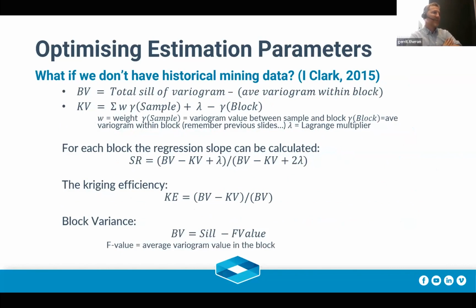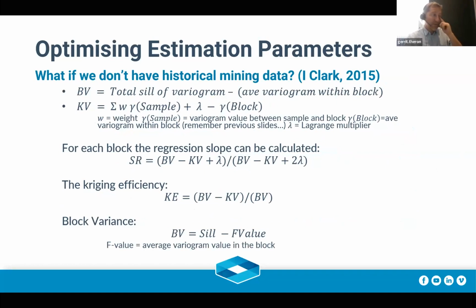If we look at it mathematically, I think a lot of us know these equations. They're very simple, and they're also used frequently by all of us. Our block variance is the total sill of our variogram minus the average variogram within our block. We'll get to see how we get that now.